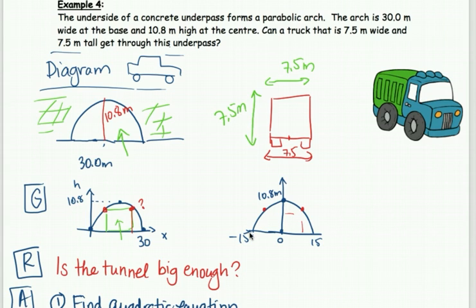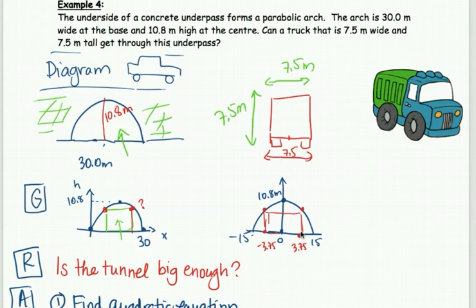So if we're looking at it from this diagram here, you know that if we were to drive the truck right through the middle here, right? So we would know that 3.75, this isn't to scale, 3.75 of the truck is that way, and another 3.75 is this way.